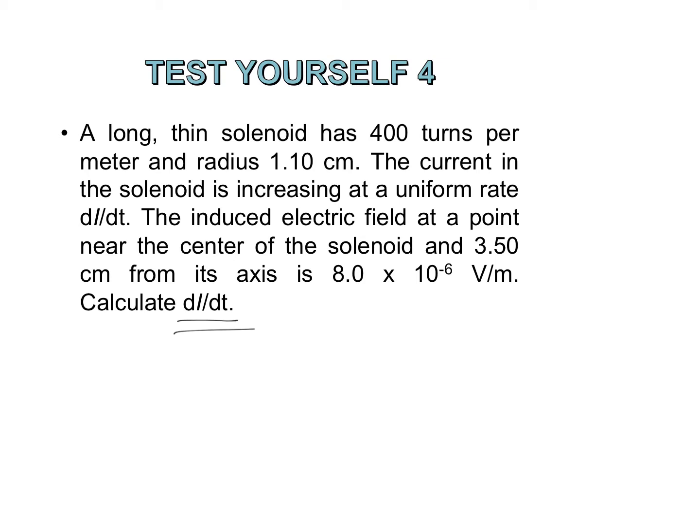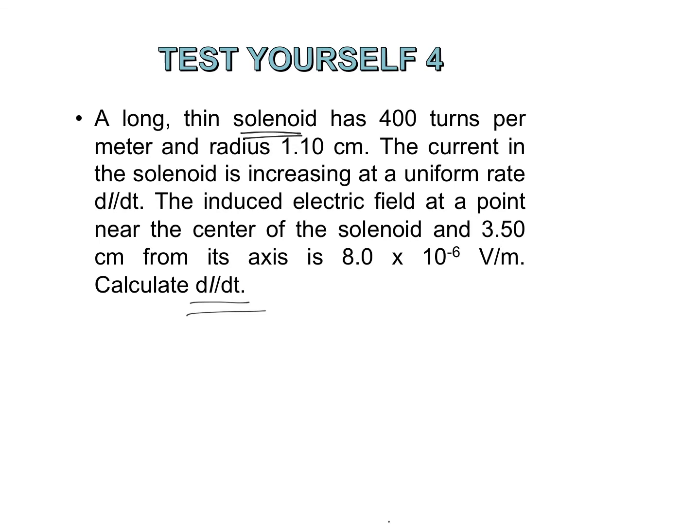Okay, first thing first. You can see that you have a thin solenoid. So remember, when it's about a thin solenoid, there's one formula for the magnetic field related to the solenoid, which is B equals mu naught n I. Small n is the number of loops per unit, not unit volume, basically per length.